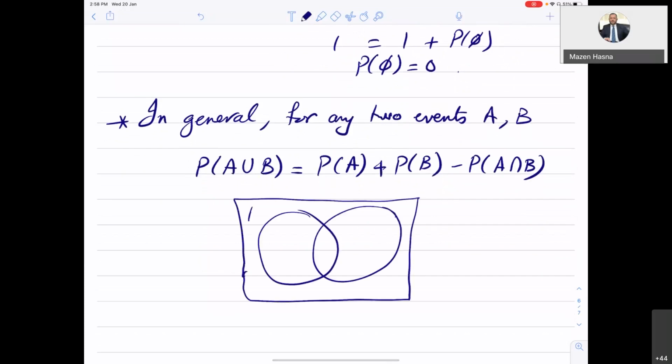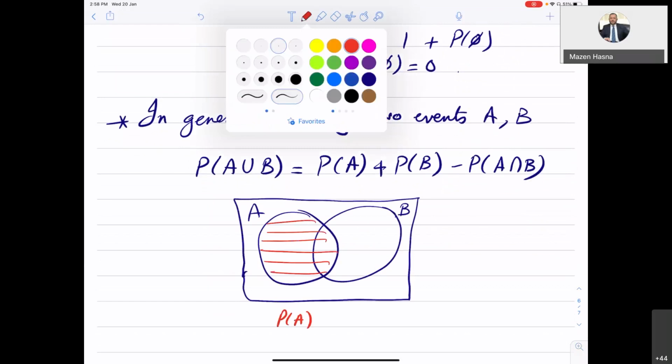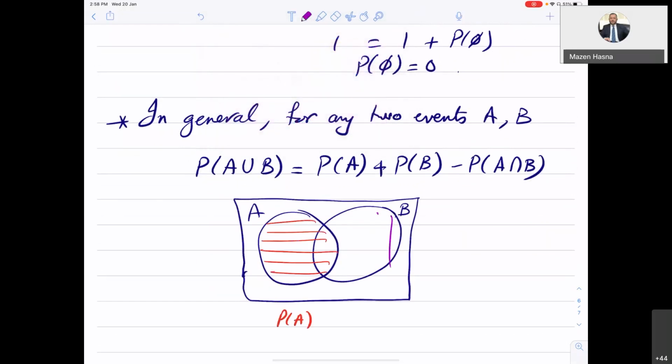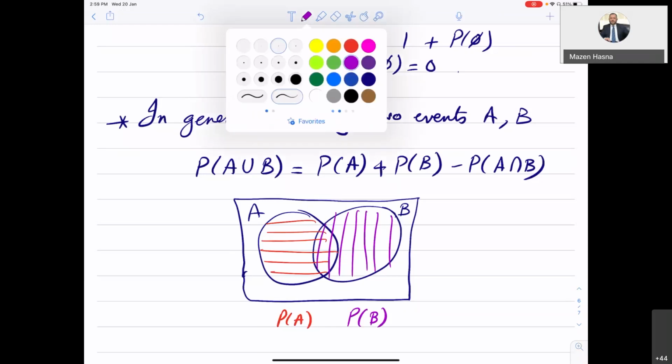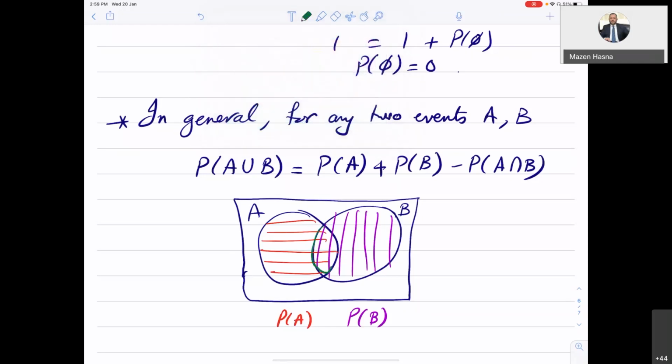So if this is A and this is B, then this is probability of A, and then in another color, probability of B. If you add those, you see that this area is counted twice, right?